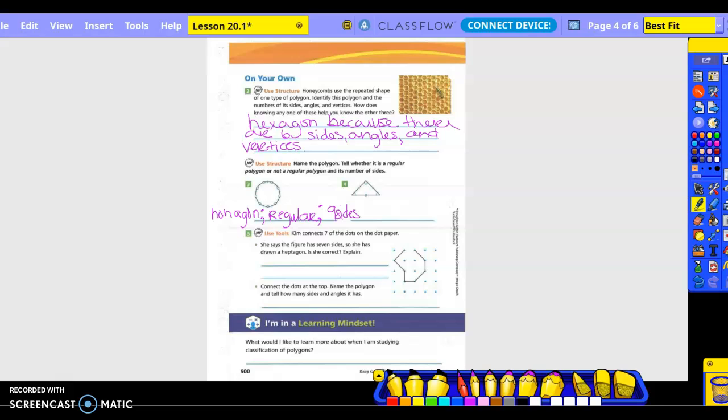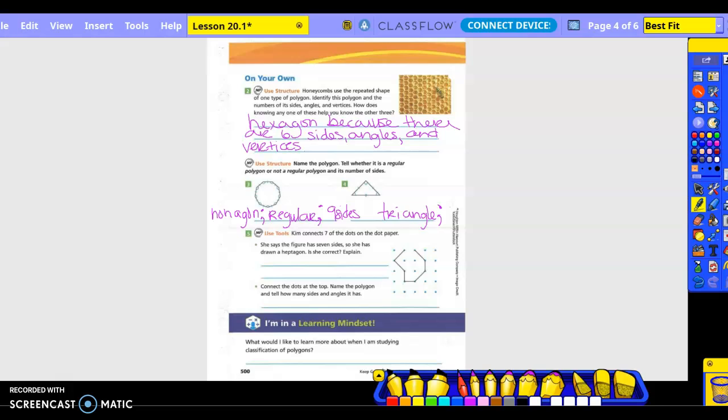Okay, next one. What is it? Triangle. That has how many sides? 3 sides. Okay. Then, is it regular or not regular? Not regular, because a couple of them have one tack mark. Another one has 2, which means those sides are not congruent, right?